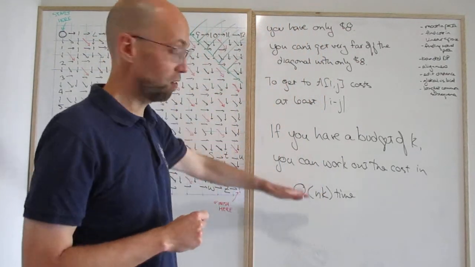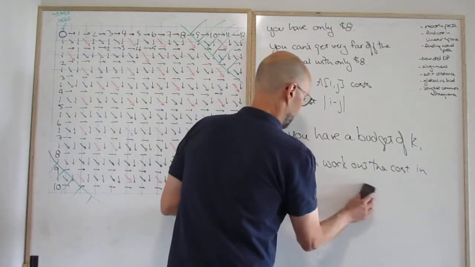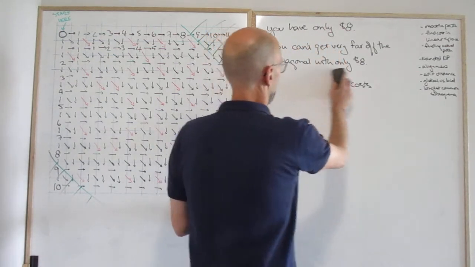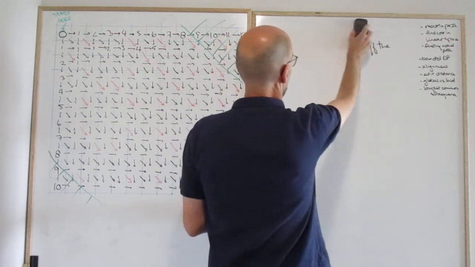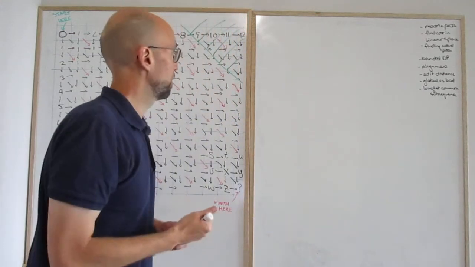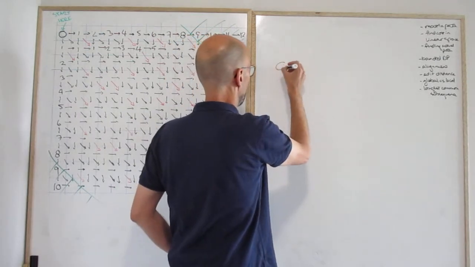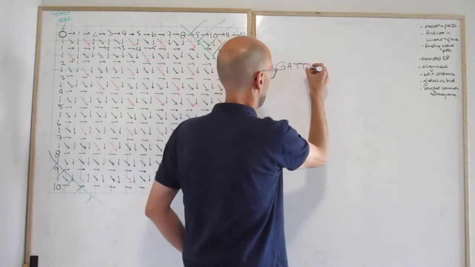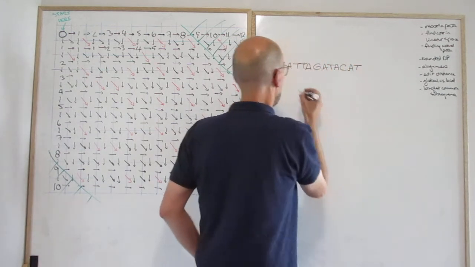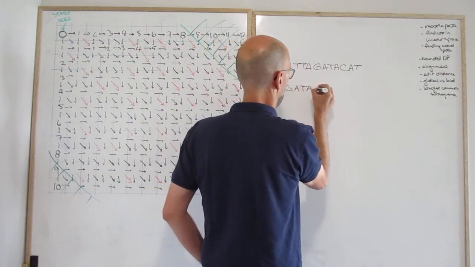So I'm going to get rid of this. You remember banded dynamic programming? So alignment is if, for example, I have two DNA strings, such as GATACAT and AGATAKATKA.